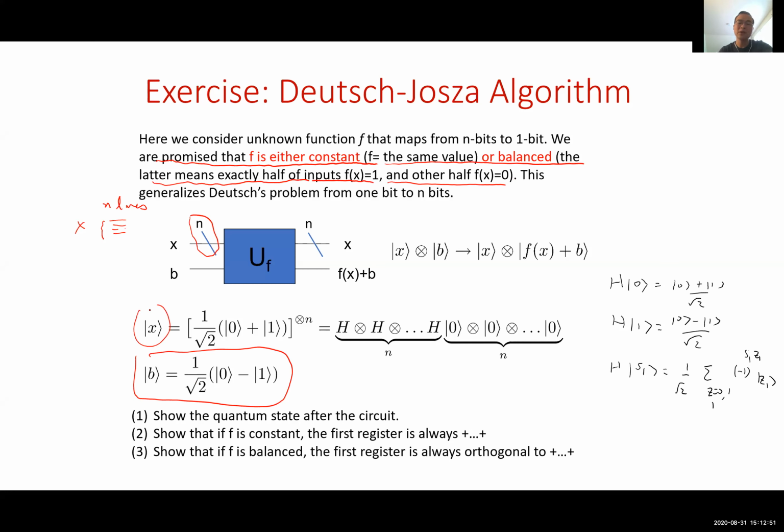This is going to be an exercise, but I want to emphasize that when we use the Hadamard gate, we turn 0 into 0 plus 1 and 1 into 0 minus 1. You can actually simplify by writing this. S can be 0 or 1.